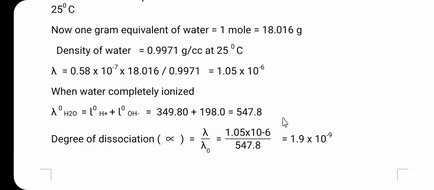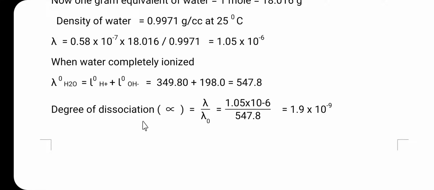When we add these two values we get lambda 0 for the water, and the value is 547.8. Then the degree of dissociation, alpha, is equal to lambda divided by lambda 0. So the value of lambda is 1.05 into 10 raised to minus 6 divided by the value of lambda 0, 547.8, which is equal to 1.9 into 10 raised to minus 9.